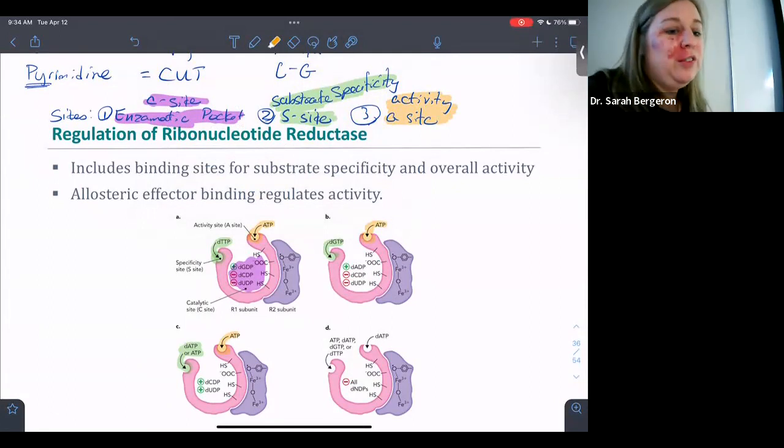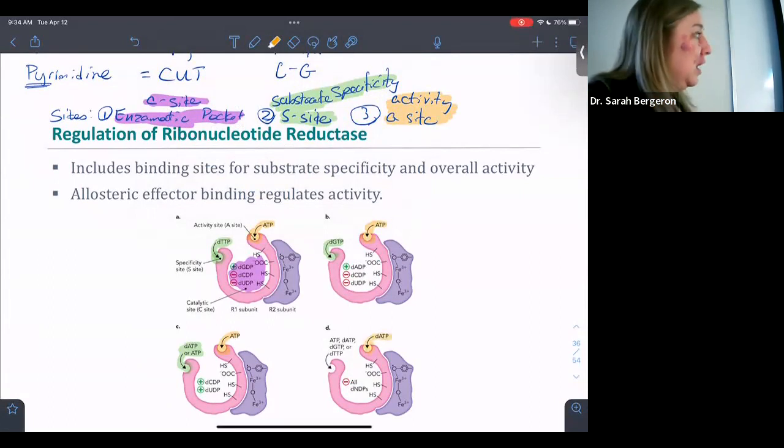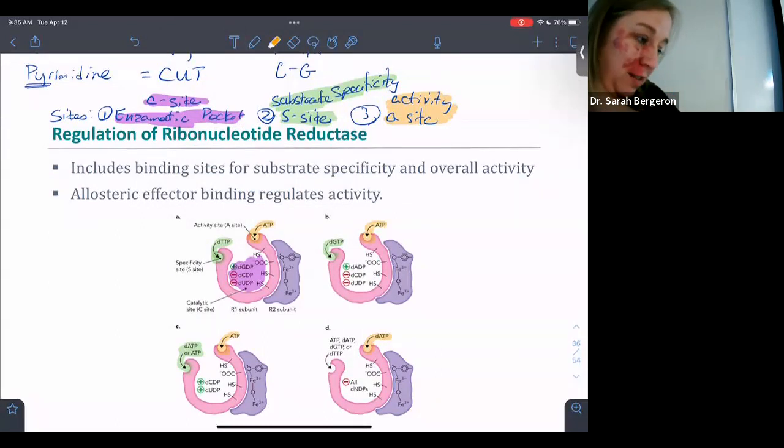Okay, what's different in D? It's dATP in D. Okay, so I just kind of want you to look at the differences, and now we're going to talk about each one. Correct. It is a deoxy. That is correct. And we're going to talk about why that's important in just a second.